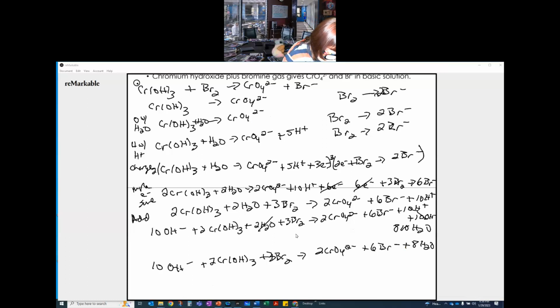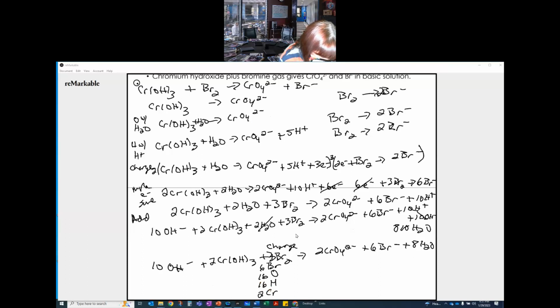And if I am to check this, O, H, Cr, Br, and of course charge. I have 6 bromine on my reactant side. I have 10 oxygens from that OH minus, 10 plus 2 times the 3, 16 O's. I have 10 H plus 6, so 16 H. I have 2 chromiums.